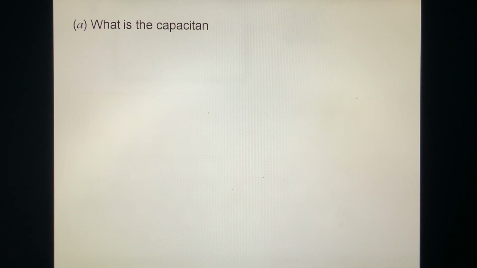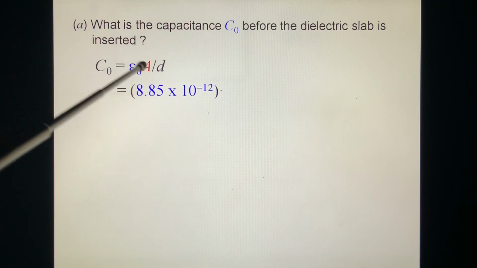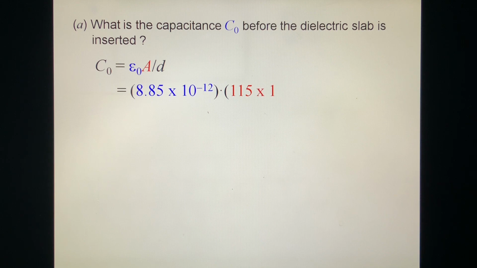Question A. What is the capacitance C0 before the dielectric slab is inserted? We use the formula C0 equals epsilon 0 A over D, and put the numbers inside to get the answer. Remember, all the numbers should be in standard units.